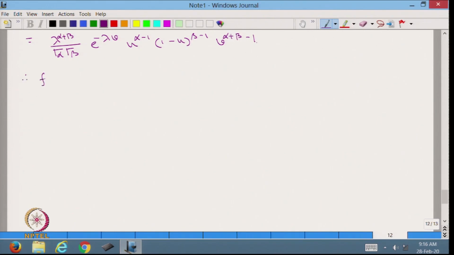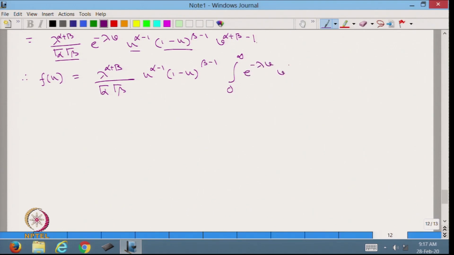Therefore, f of u is equal to, let me take out the terms independent of v outside the integration. Therefore, lambda to the power alpha plus beta upon gamma alpha gamma beta, u to the power alpha minus 1, 1 minus u to the power beta minus 1, integration 0 to infinity e to the power minus lambda v, v to the power alpha plus beta minus 1 dv.